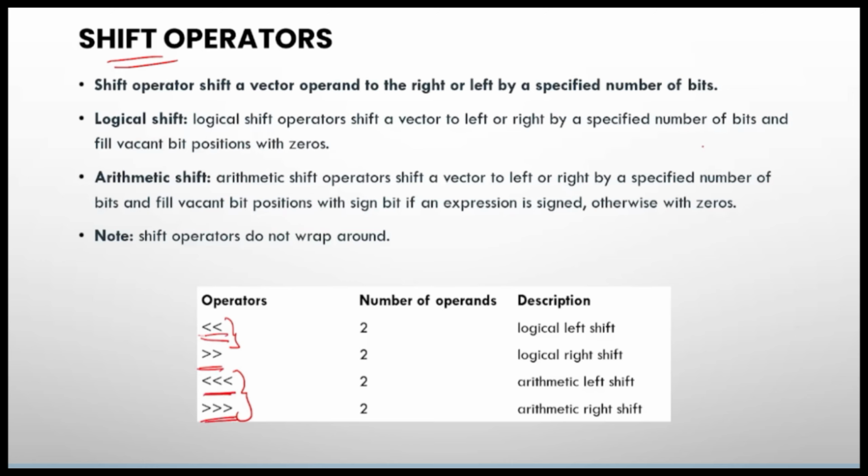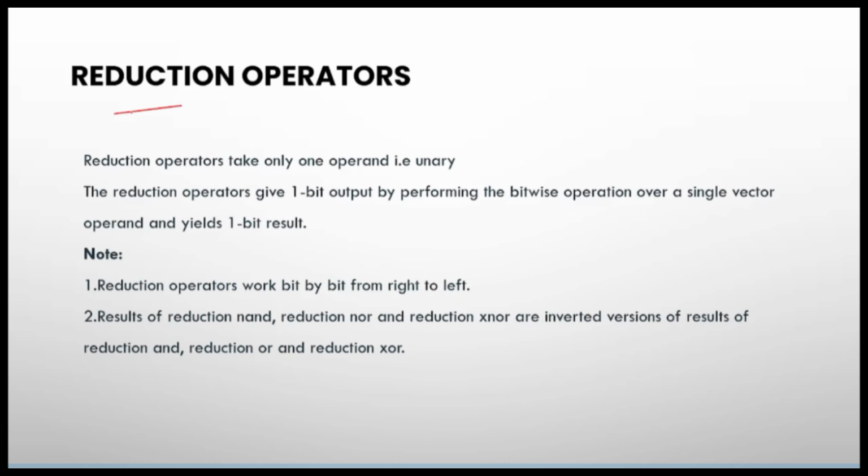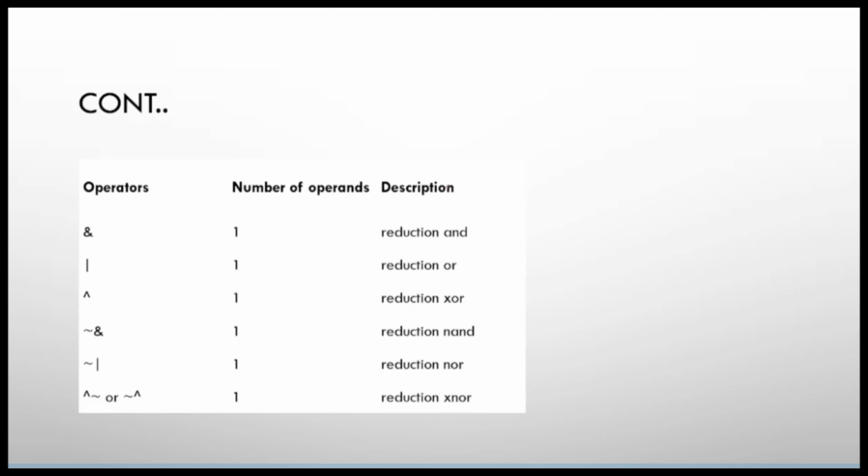You should remember that two symbols means logical shift and three means arithmetic shift. Now coming to reduction operators. These are similar to bitwise operators. So how will you differentiate between the bitwise operator and reduction operator? In case of reduction operator there will be only one output, a single bit, either 1 or 0.